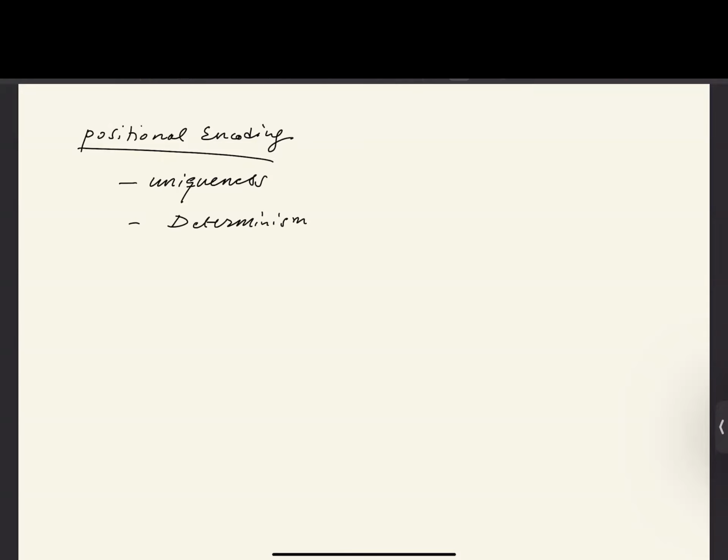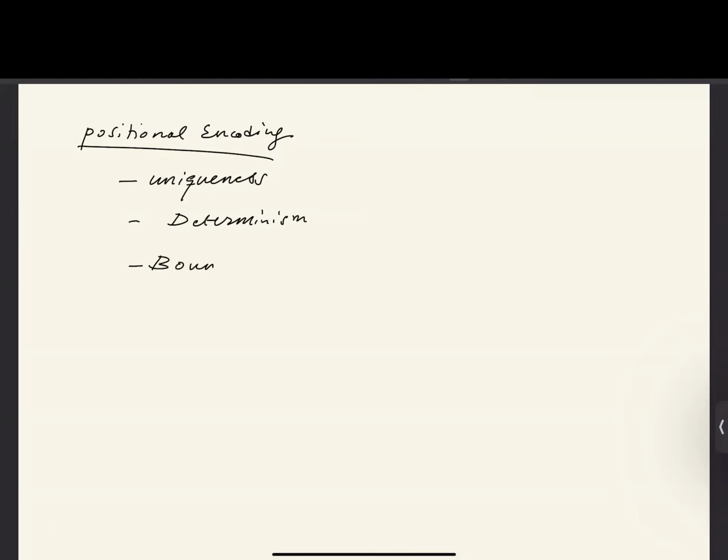We want it to have a bounded range, since we don't want to mess up the embeddings that we are updating during the transformer layers. And it should work for sequences longer than those we see during training.